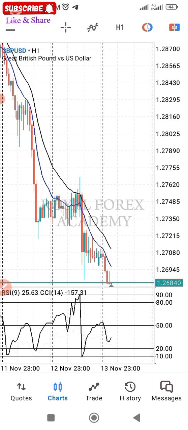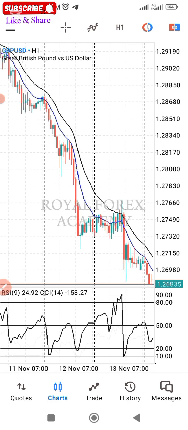And there are basically two types of flag pattern, the bullish and the bearish flag pattern. So flag patterns are continuation patterns. So a flag pattern signals that price will continue after a major or minor consolidation in the direction of the trend.